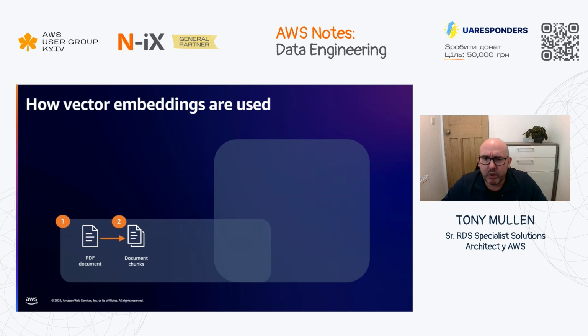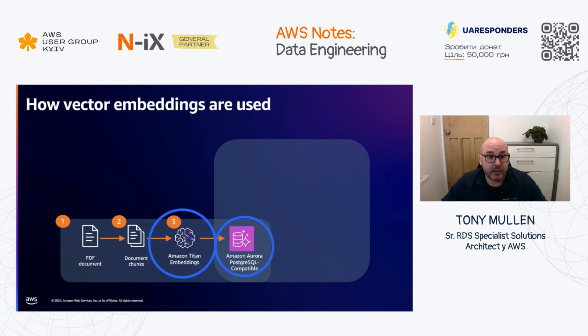The RAG workflow will break the document down into chunks. This is where some of the science and the art of augmented generation comes in: you're taking that raw data and embedding a large vector from that data.